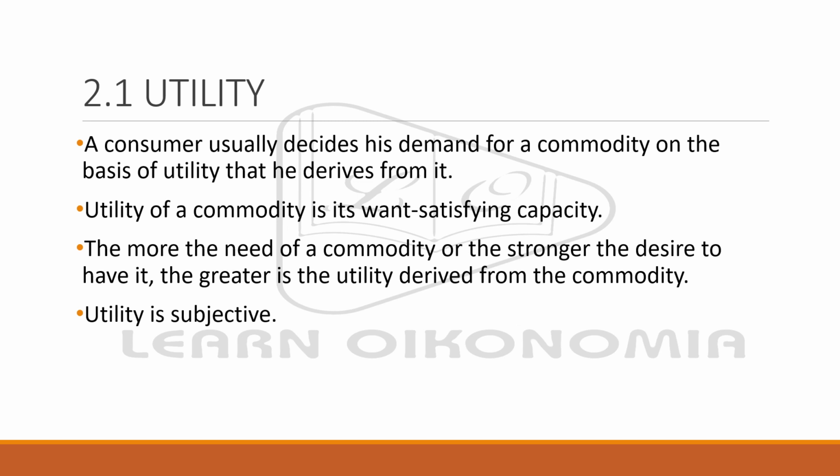We know that we consume commodities so as to attain some benefit out of it, right? Every commodity would have some use, by which we get satisfied if we consume the commodity. A consumer would be demanding a certain commodity on the basis of the utility that he derives from that commodity. And what is utility all about?